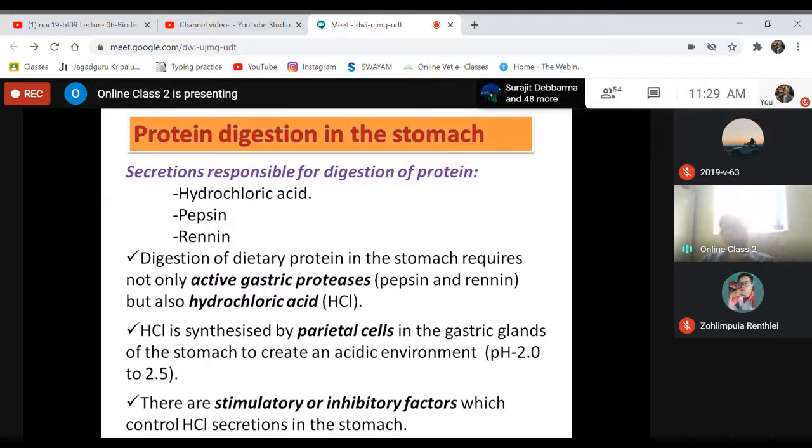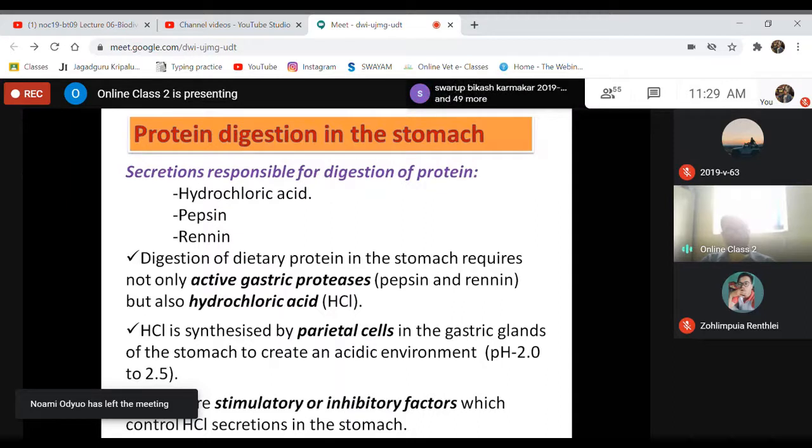But there are many stimulatory as well as inhibitory factors which control hydrochloric acid secretion in the stomach, and we should know these factors, because if there is no secretion of hydrochloric acid in the stomach, there will not be any denaturation of the dietary protein, and the gastric proteases will not be activated, and thereby practically there will not be any digestion of protein in the stomach of non-ruminant animals. So hydrochloric acid is very important.